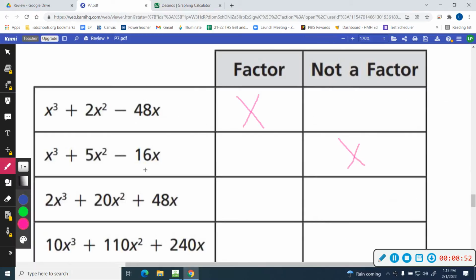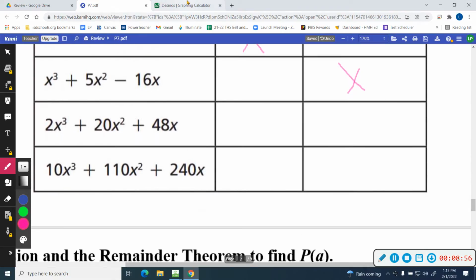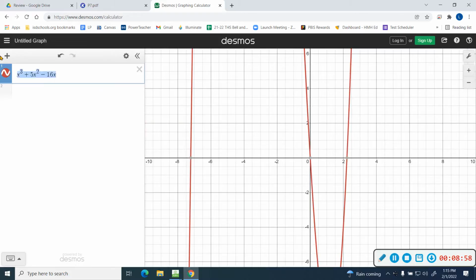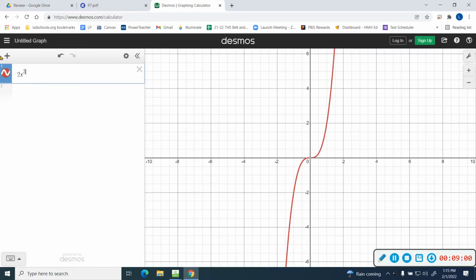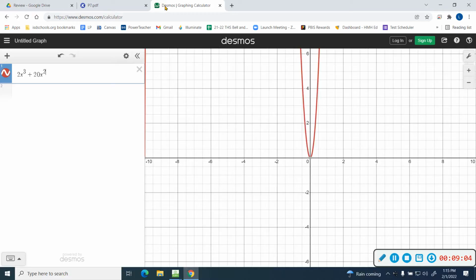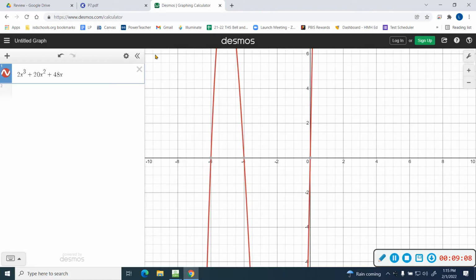Also, if you were to use synthetic, you would get a remainder. Here you do not. 2x to the third plus 20x squared plus 48x. Nope. No x-intercept at negative 8.